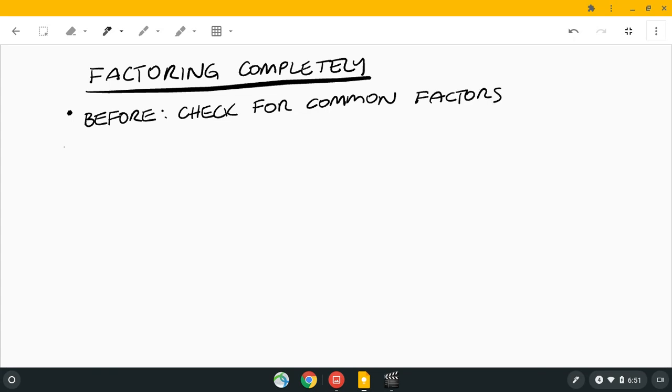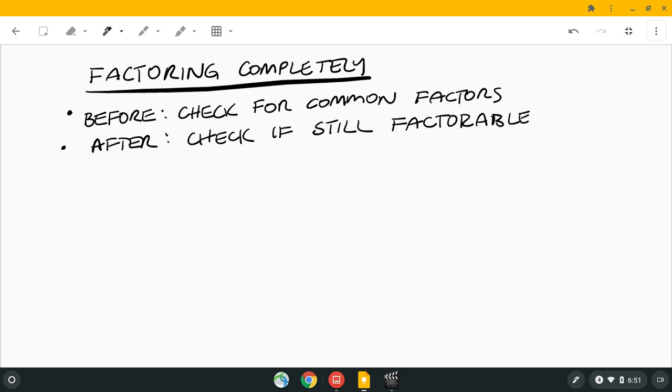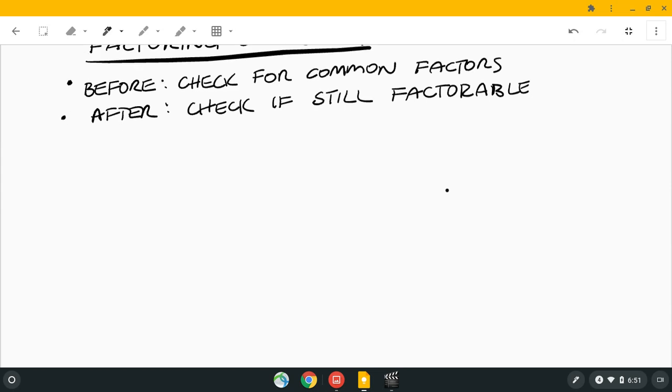And then after, check if still factorable. So maybe you have difference of squares, or maybe you have difference of cubes. So let's take a look. We'll just do 3 examples here and then we'll end. Okay, factor completely.